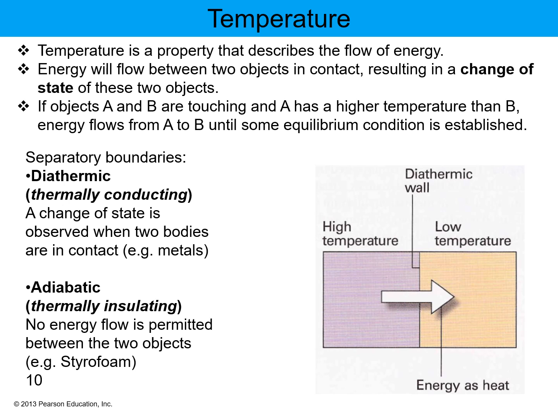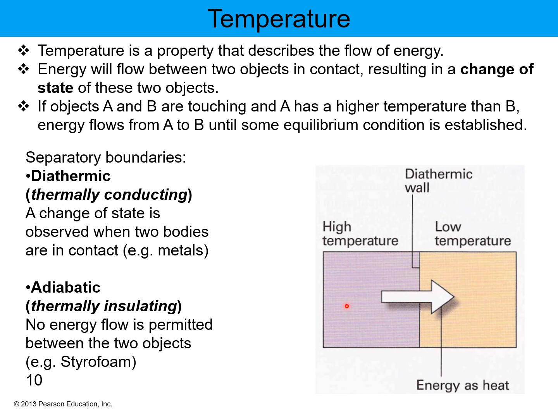So there are two types of boundaries. The first one is called diathermic, and another one is adiabatic. So what is diathermic? If you look at this diagram, there are two bodies here.